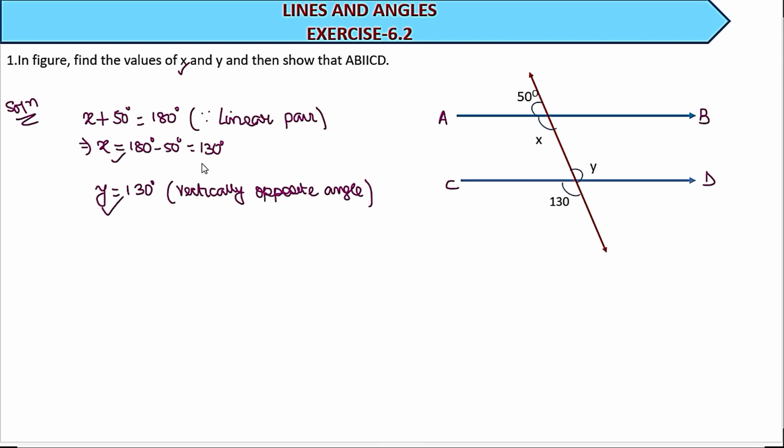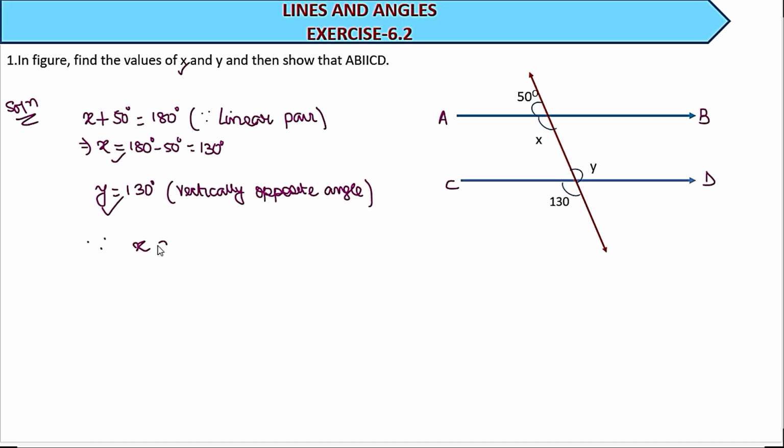So x is 130° and y is also 130°, and x and y are alternate interior angles. So we can say that AB is parallel to CD. Now how will you write it?